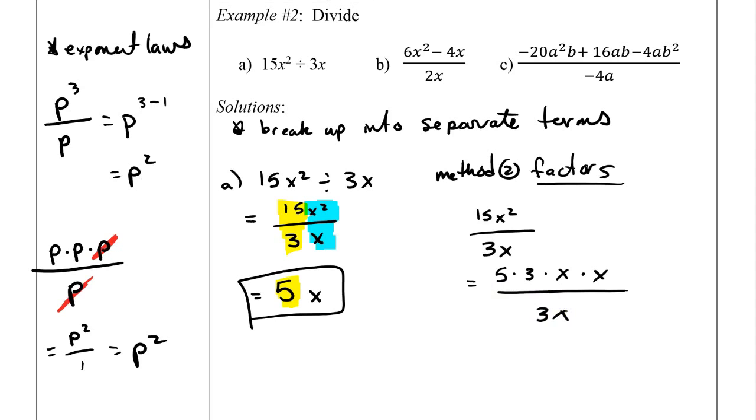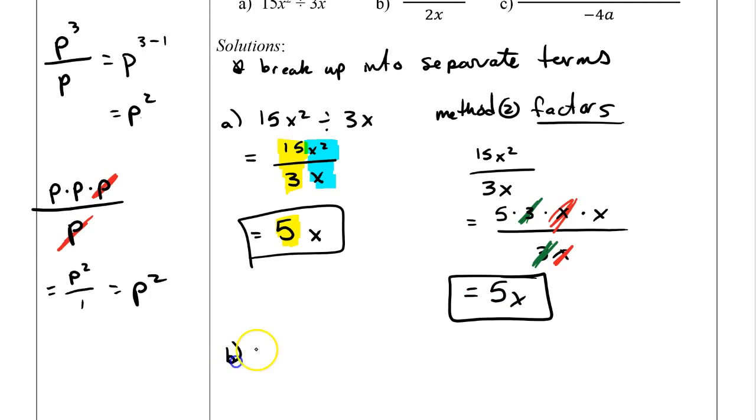So because of this, I can cancel this 3 with this 3, and I can cancel this x with this x, or I could have canceled the last x too, it doesn't matter. And what I'm left with is simply 5x. I like this way because it really helps me practice my canceling skills that are so important with fractions. However, if the first method is what works best for you, that's fine, but make sure that you know how to cancel.